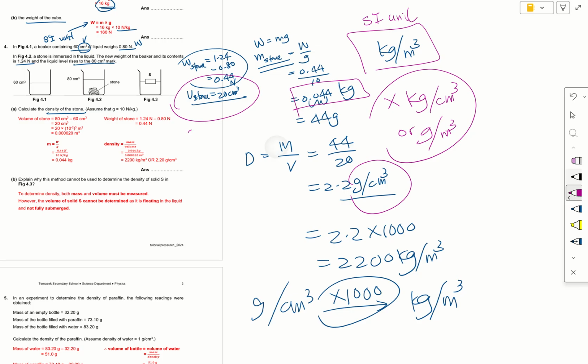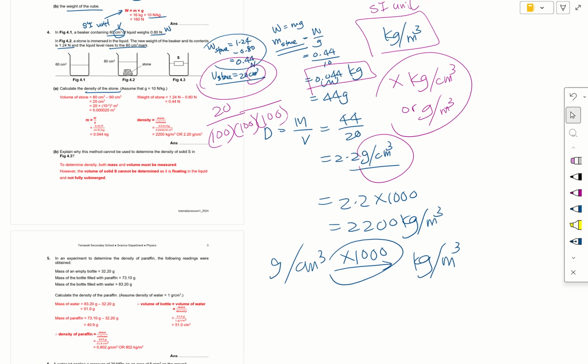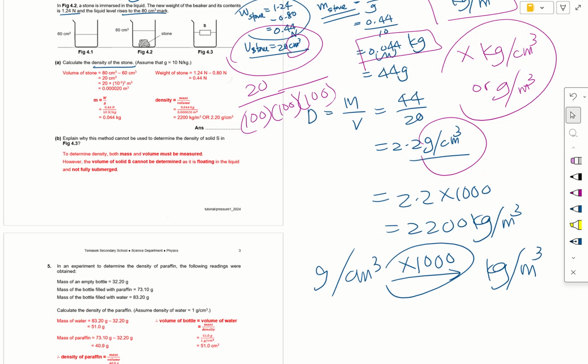So you have to take 20 divided by 100 a total of 3 times, because from cm to meter you divide by 100, but this is cm cube to meter cube, so you divide by 100 three times. Whichever way you want, it also depends on what the question is asking.